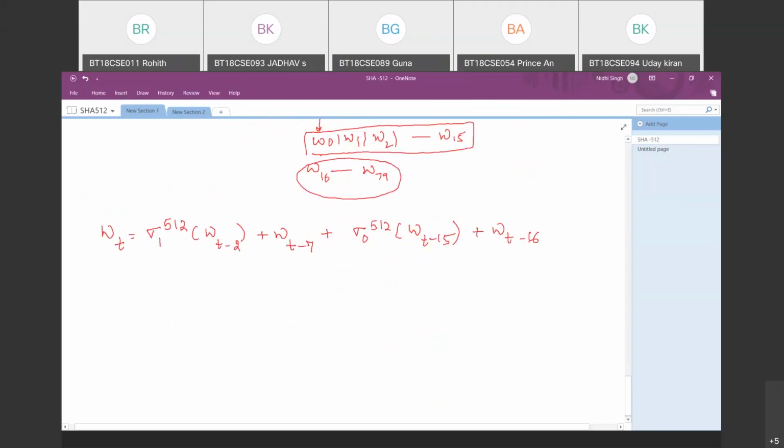And what about the sigma functions? The sigma function is nothing but rotation functions. So sigma0 512 of x is rotate right by 1 bit of x, XOR rotate right by 8 bits of x, XOR shift right by 7 bits of x.